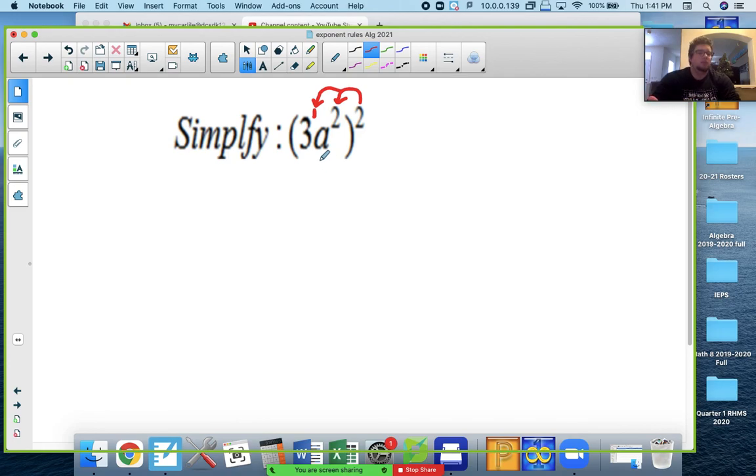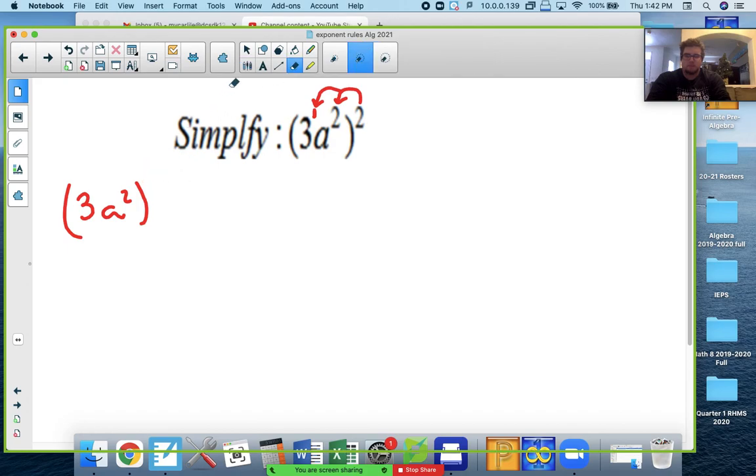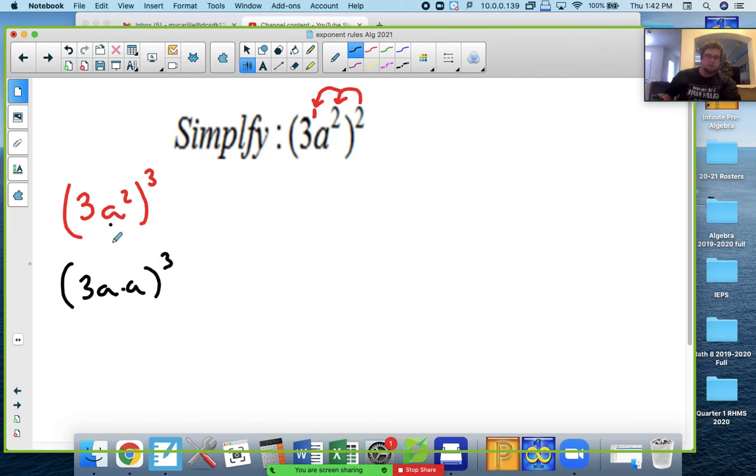The reason why we have to include the 3, if I were to write this out in expanded form, so 3a squared squared, this 2, let's make this actually for explanation purposes, let's make this a 3 instead. All right? The 2 means I have this, a times a, if I were to split that a into its pieces. This 3 on the outside means that I have 3 sets of parentheses.